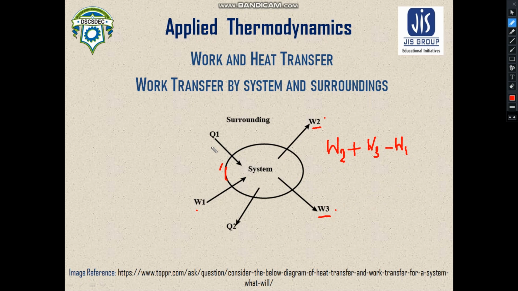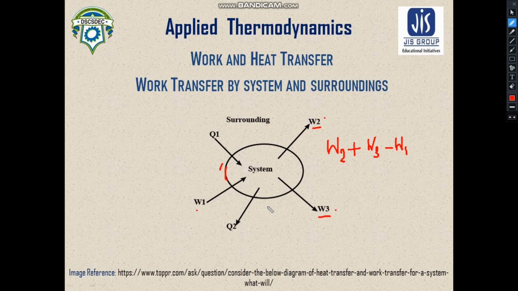Okay, the convention of heat obviously differs from it. We'll be discussing it later. But for your information, if the heat transfer is taking place into the system, that means from the surroundings to the system, then it will be positive heat transfer.